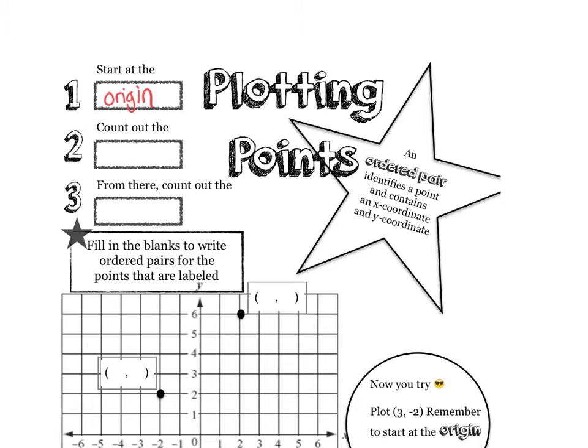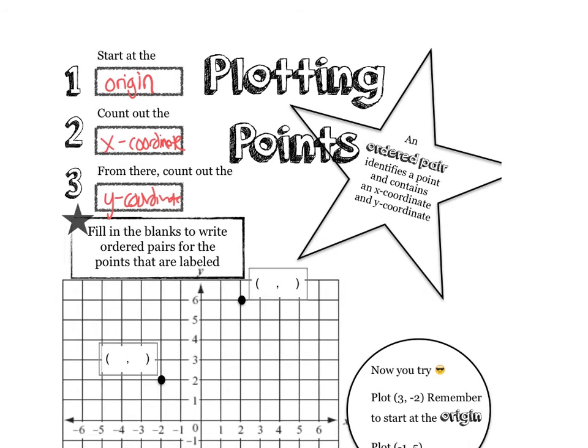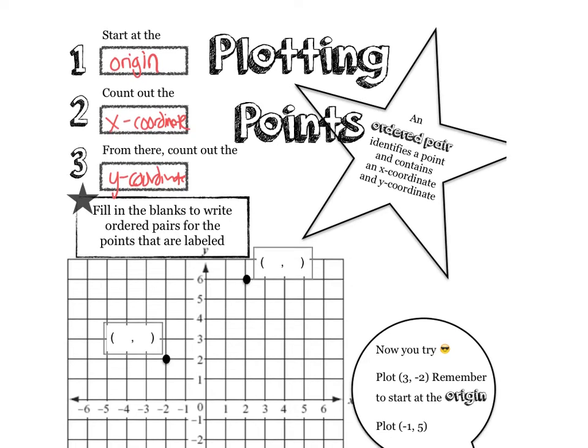And then from the origin, you are going to count out the x coordinate. And then from there, you're going to count out the y coordinate. So let's look at what this looks like on a graph of the coordinate plane.